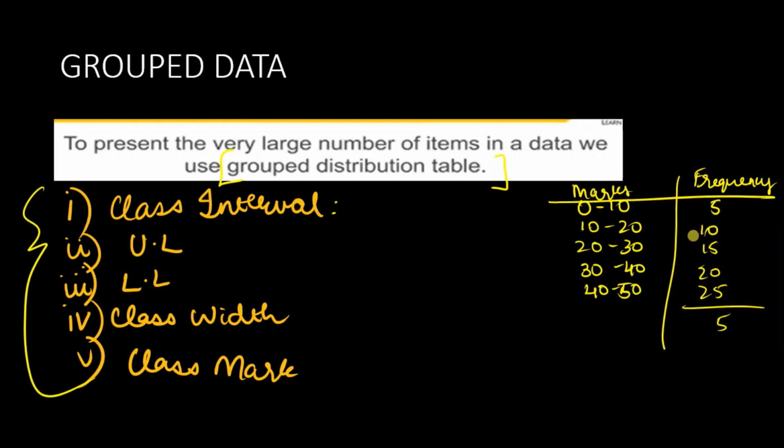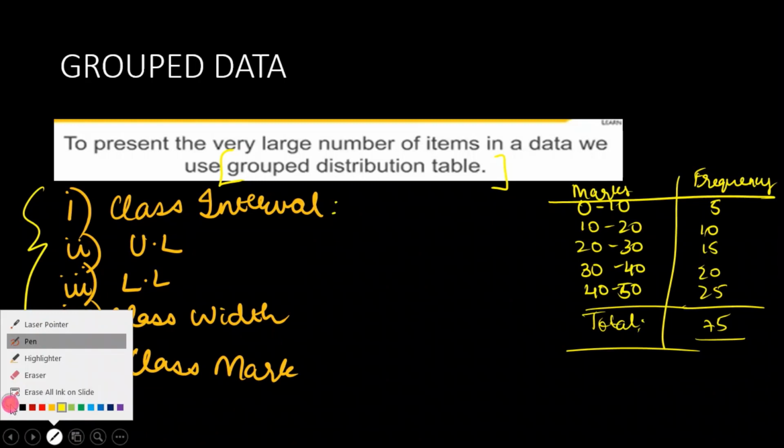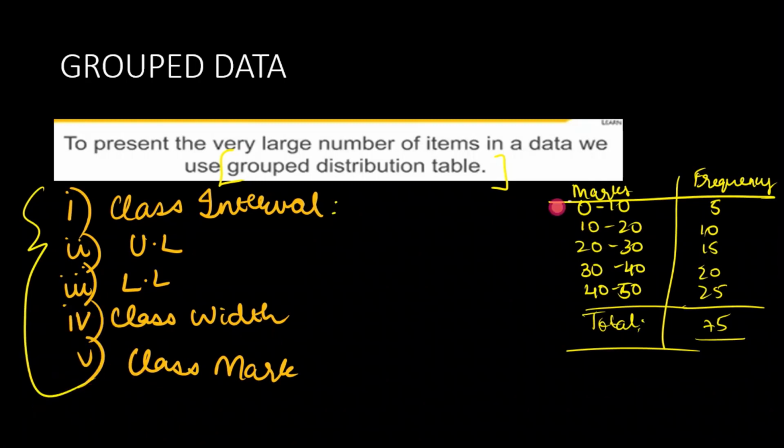So what is the total? 75 is the total frequency. Am I right? So all these are what we call intervals, and each of these is a separate class interval.